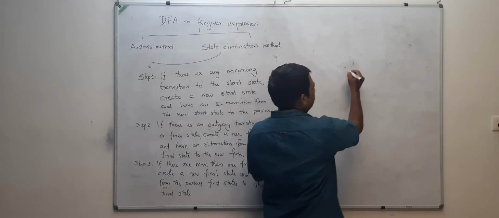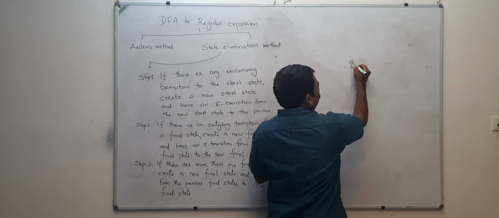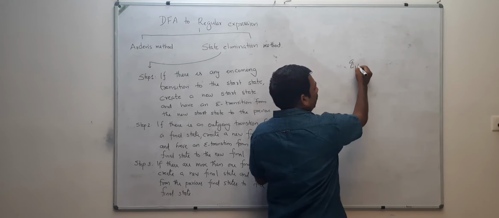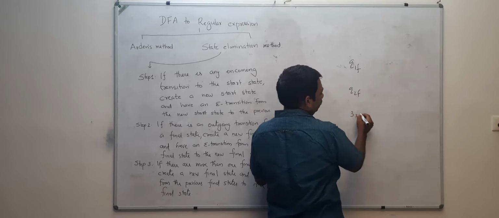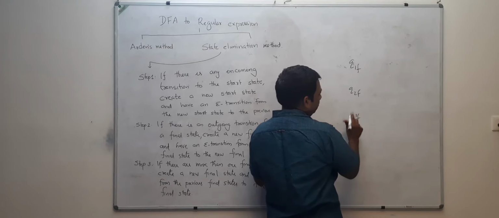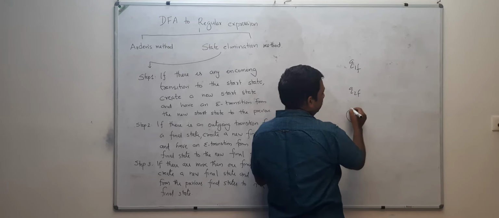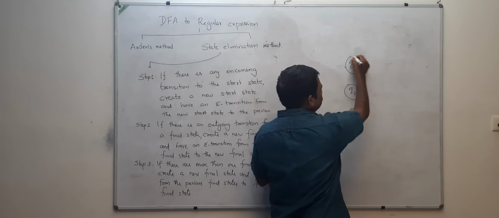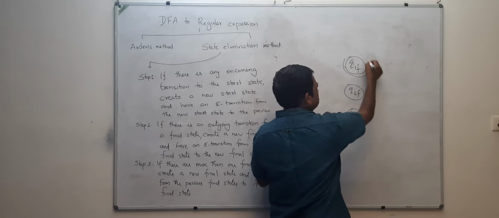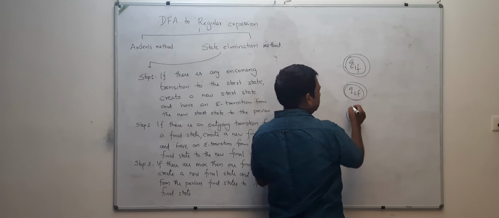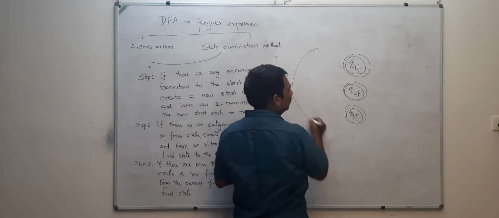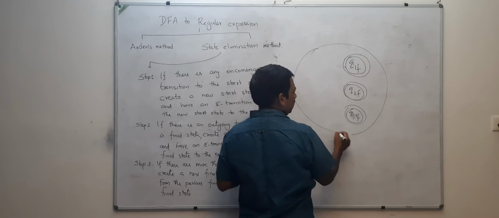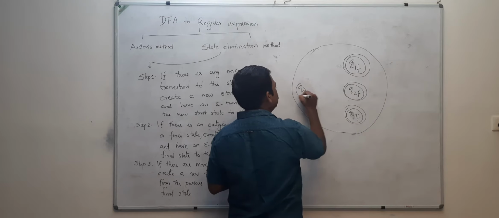Suppose that you have Q1F, Q2F, Q3F, three final states, and this is a finite automaton, and here you have start state q0.